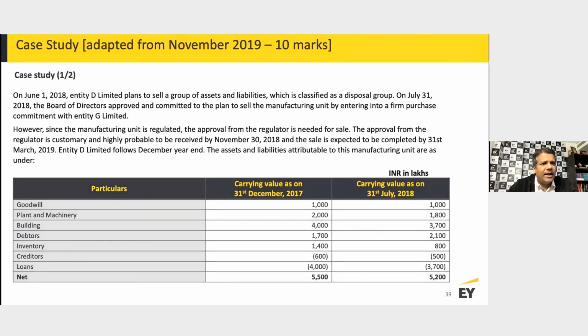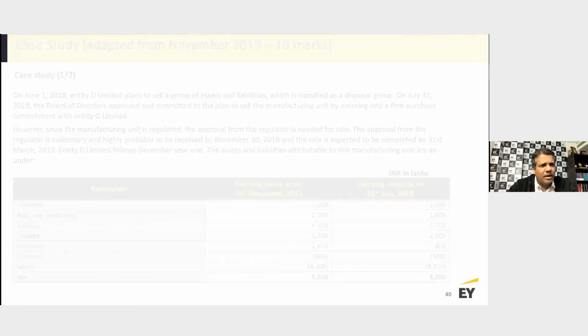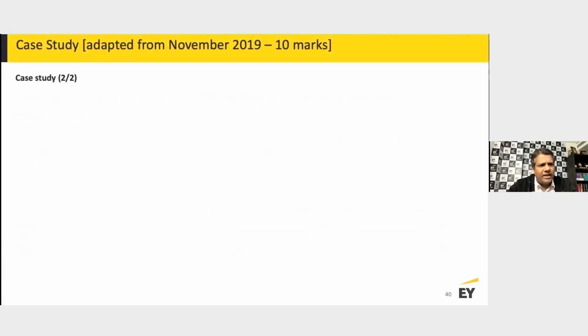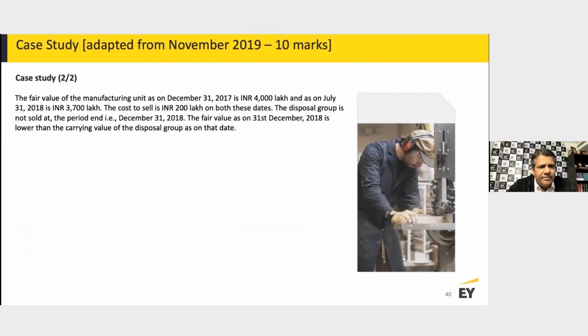Now, more information. The fair value of the manufacturing unit as on December 31st, 2017 is INR 4,000 lakh, and as on July 31st, 2018 is INR 3,700 lakh.